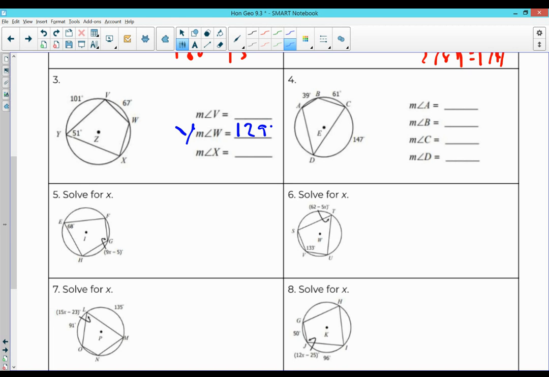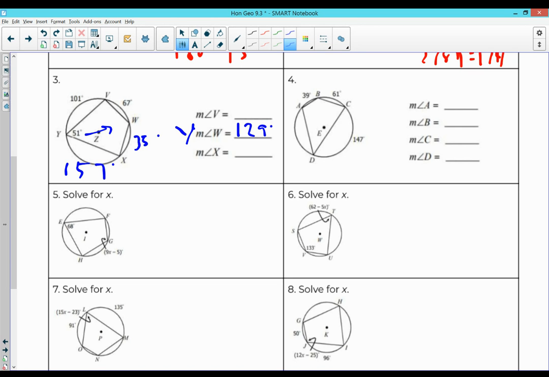So if I do 51 times 2, that's 102. 102 minus 67 is 35. So 35 goes here. And then I do 360 minus 101 minus 67 minus 35 is 157 over here.